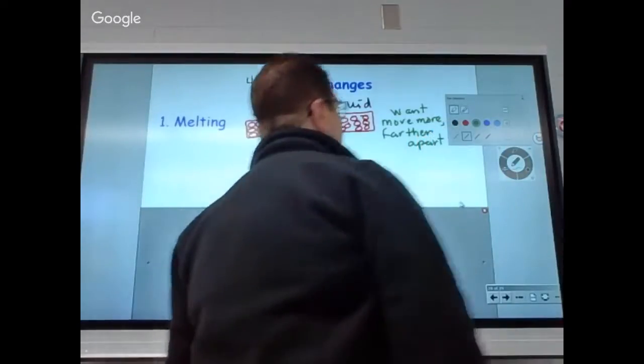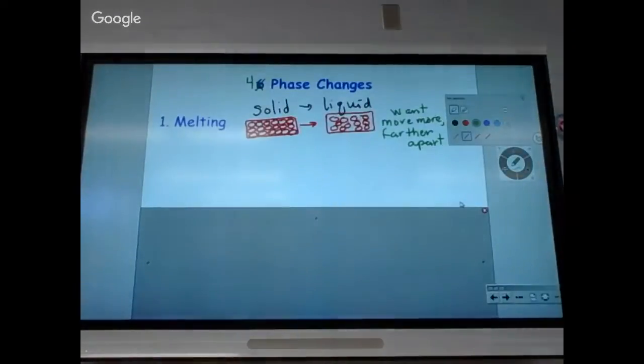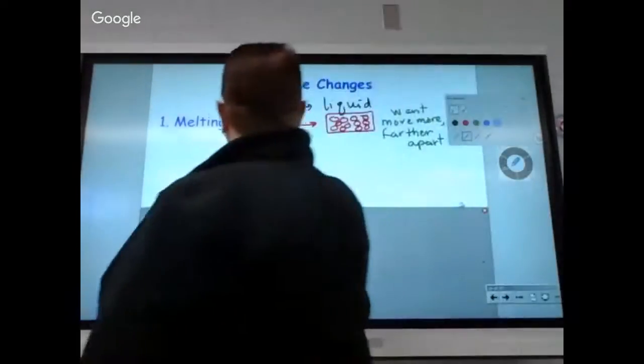So do I have to add the heat or do I have to remove the heat if I want them to move more and get farther apart? You have to add. What do you think, Jamie? Okay, add is right. Okay, so we have to add the heat.